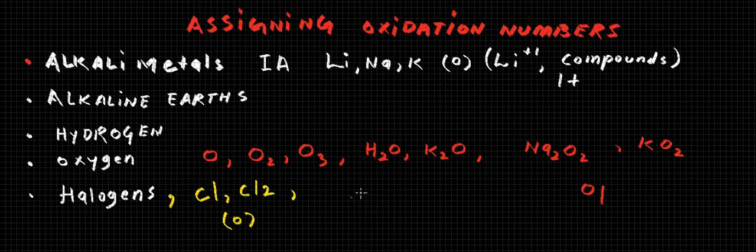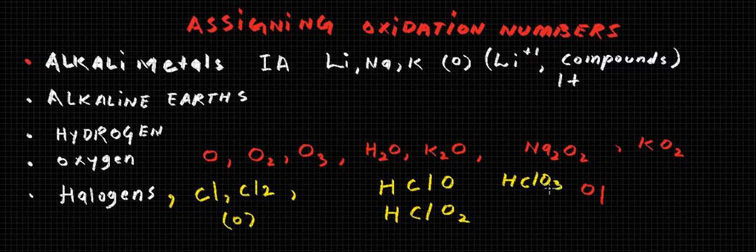Say we have a compound HClO, or hypochlorous acid, or HClO2, that is chlorous acid, or HClO3 and HClO4, that is chloric acid and perchloric acid.